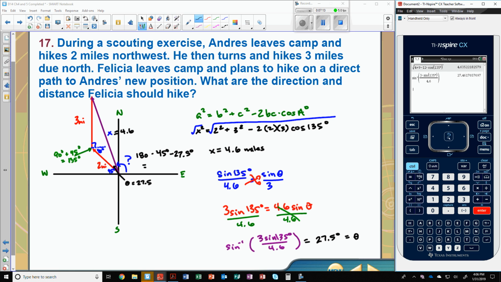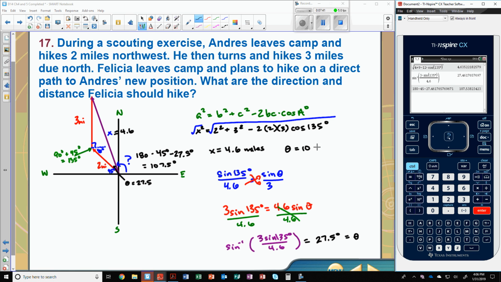So if I do that, I should have my answer. I'll go 180 minus 45 minus 27.5. That we get 107.5 is the angle, 107.5 degrees. So those are our answers here.